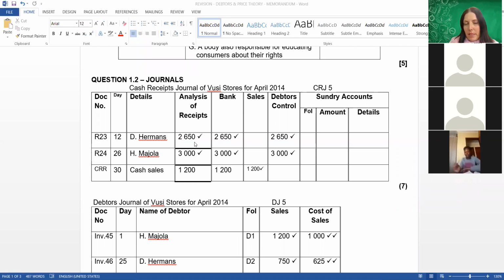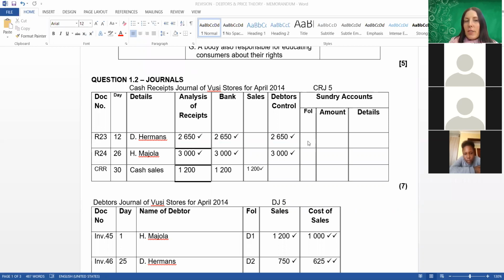That means that we received the money in the store. He brought the check or sent it to us. Then there was no other transaction on the 12th for the CRJ, so we draw a line, take the money to the bank, 2,650. Then we need to say, why did we get this money? What happened? The debtor paid us, and therefore the 2,650 is recorded in the debtors control column as well.